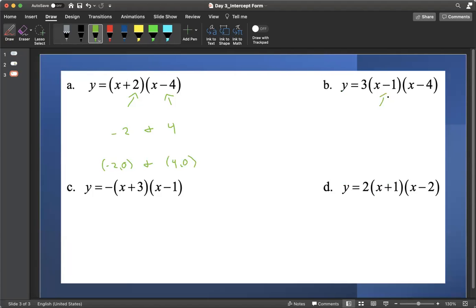Looking at B, this negative 1 becomes a positive 1. And then that negative 4 becomes a positive 4. So this can also be written as 1, comma, 0 and 4, comma, 0.